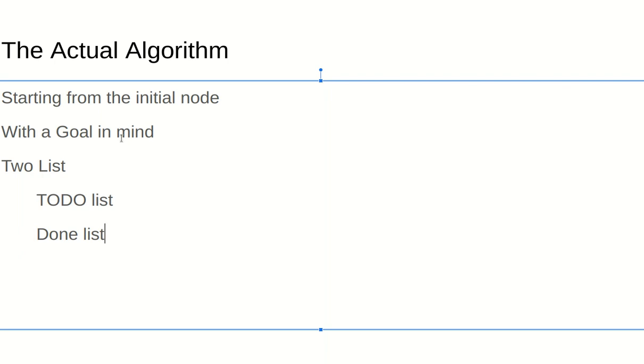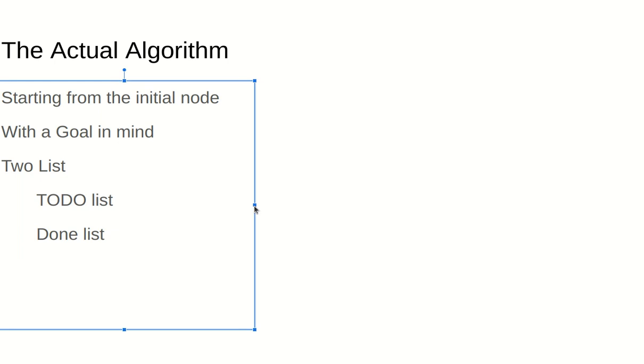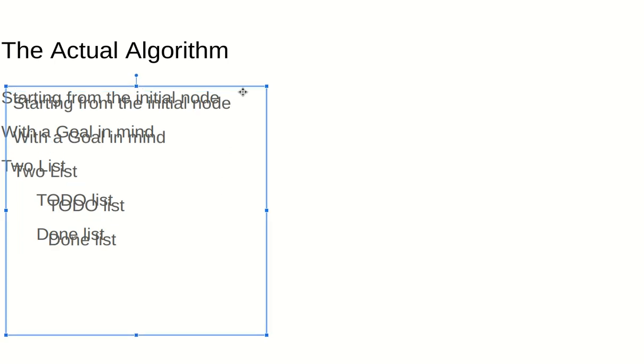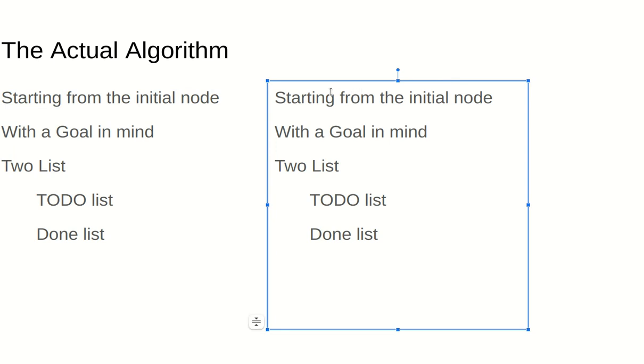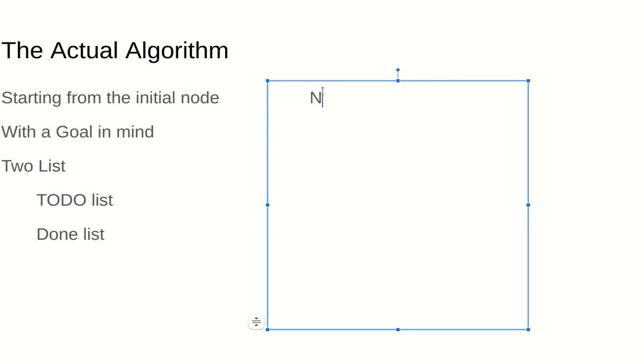On each of these lists, we're going to keep track of the nodes. The nodes are going to have their position, their parent, their depth or cost to get here, and the distance or guess for how close we are to the goal.